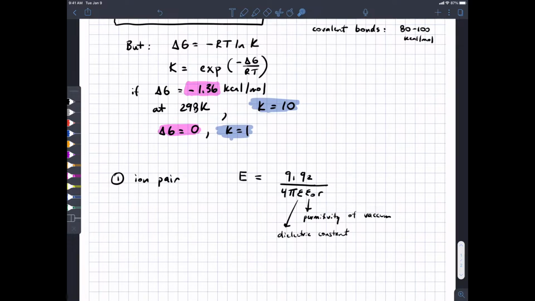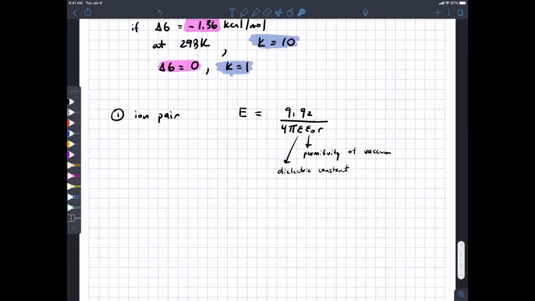And that is because whatever is between the two charges is going to adjust itself so as to oppose the electric field between the two charges, and so the two charges won't feel each other as strongly. So this concept of dielectric constant is important.